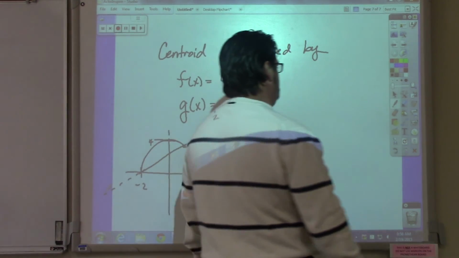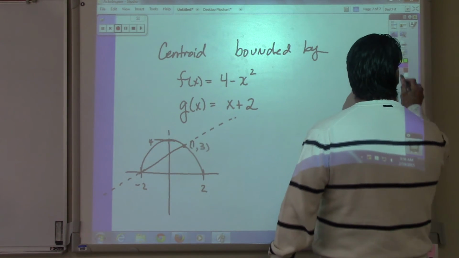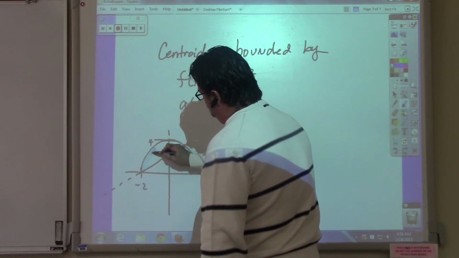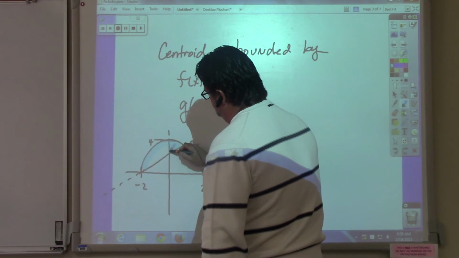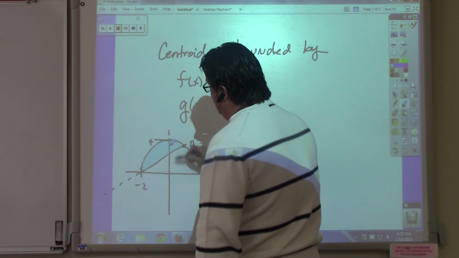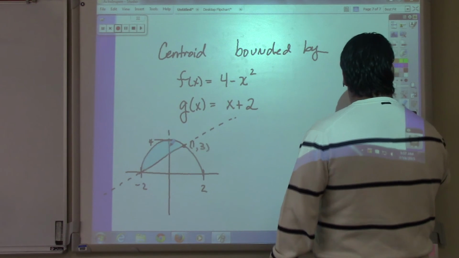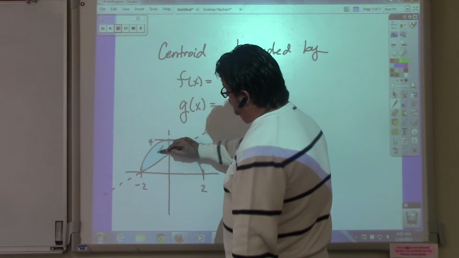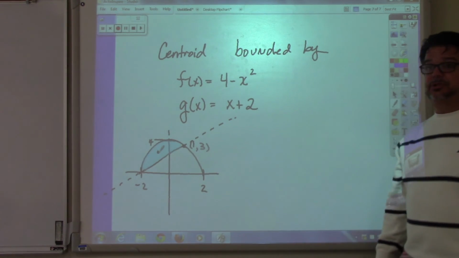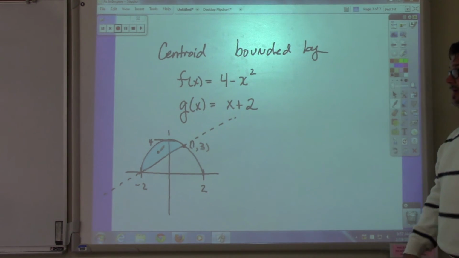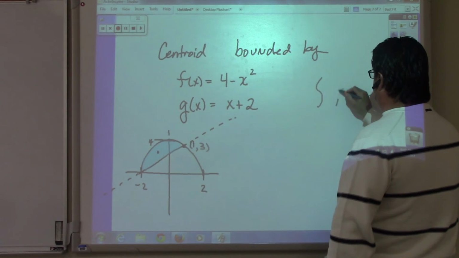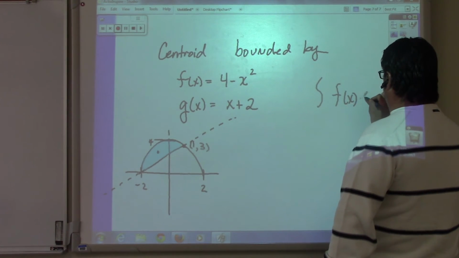So they want to know what the center of mass of this area is. Now you can look at it and tell it's going to be somewhere right in here, but you got to tell me what the actual is, and you're going to have to take the antiderivative of f of x minus g of x.